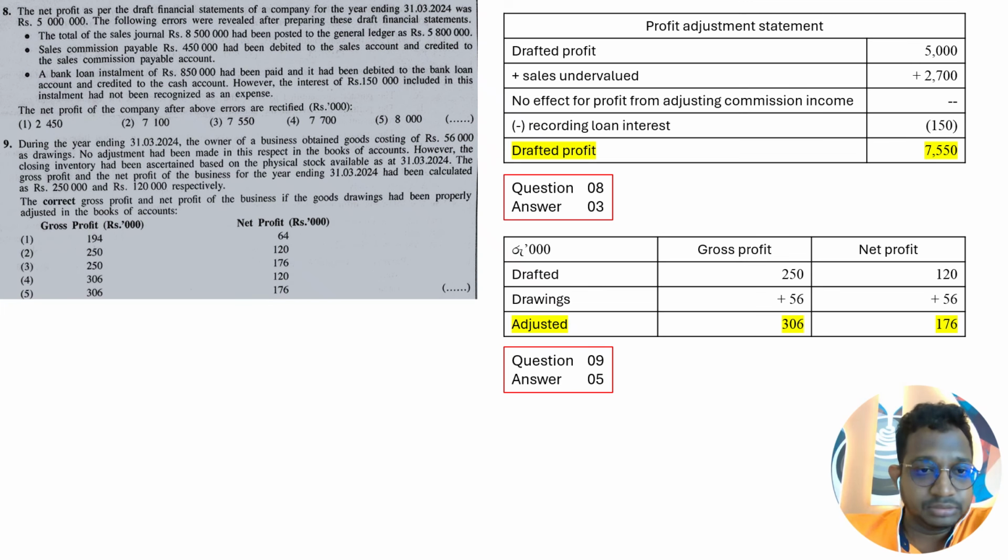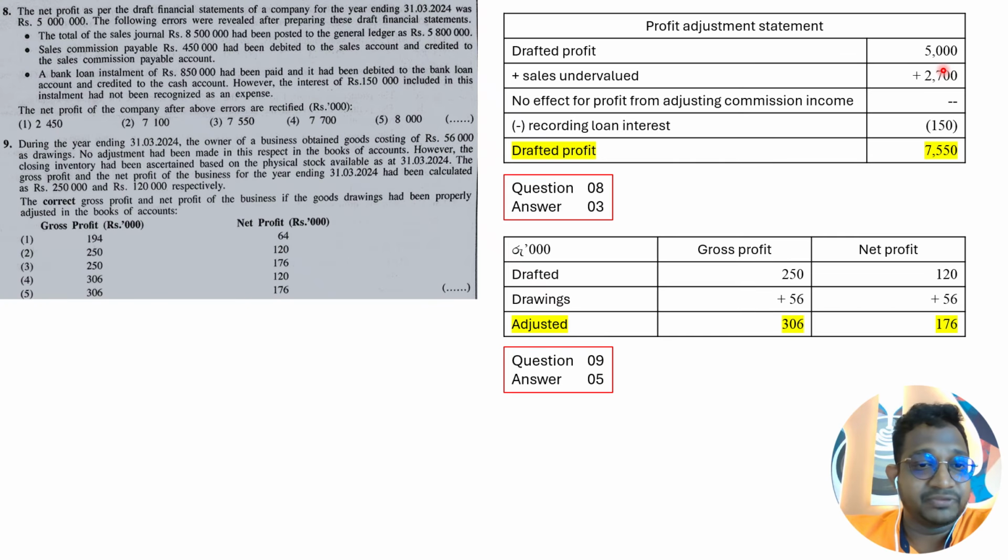In question 8, the net profit as per the draft financial statement of a company for the year ending 31st March 2024 was rupees 5 million. So the draft profit here is 5 million. And then there are three adjustments or errors given, and you have to rectify these errors and find the correct profit, right?